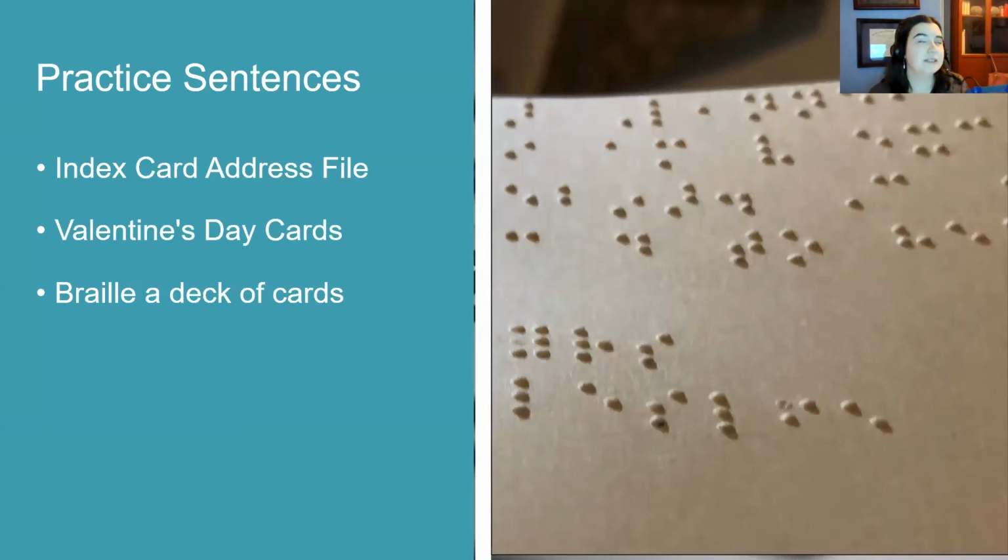My niece really, really wanted to play a game called Exploding Kittens. It has a lot of very tiny print on the cards, so I made her read me the cards, and then I had to come up with a way to Braille them that made sense so that I could still play the game. So I started abbreviating a lot of things, like, I don't know if anyone knows this game, Taco Cat became TC, matching up the taco cats.